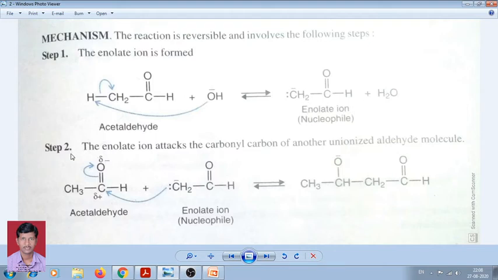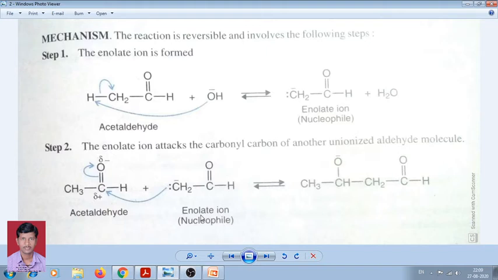Now what is the second step? The enolate ion that is formed will attack the carbonyl carbon of another molecule of acetaldehyde. This is the ionized acetaldehyde in the form of enolate.